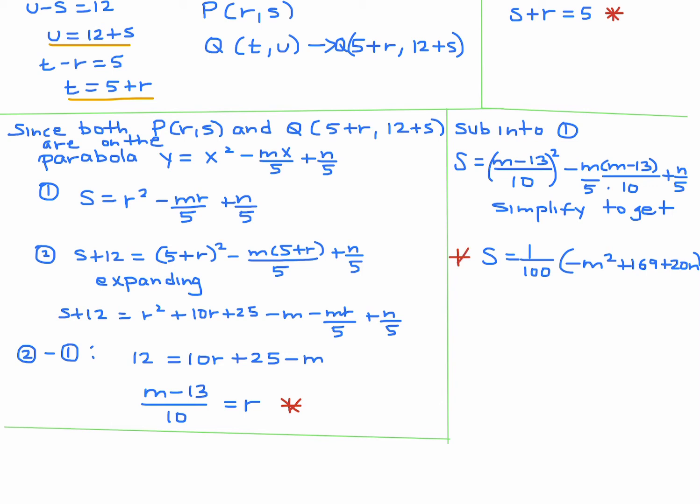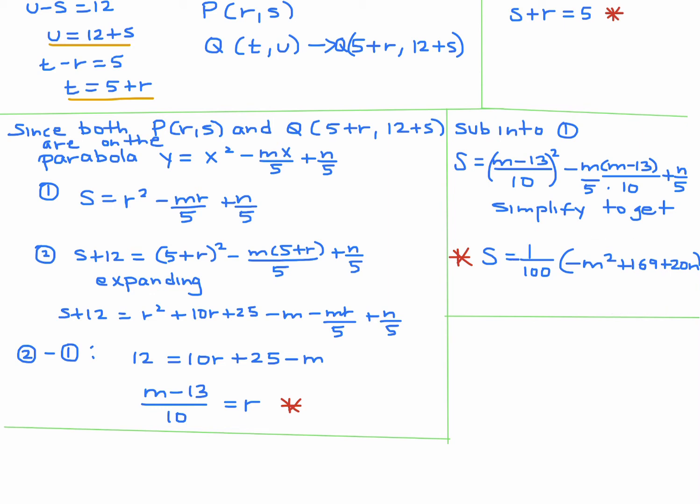This is another very helpful equation. So, to summarize, we now have 3 very important equations that I have placed a star. We have S plus R is equal to 5. R, this guy, is equal to this. S here is equal to this.